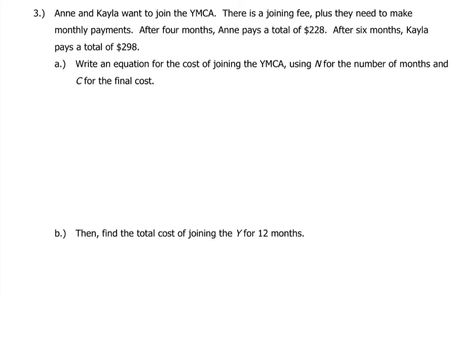In order to find the slope, we're going to use information from past sections where we made coordinate points. In the first coordinate point, we're going to talk about Anne. Anne went for 4 months and paid $228. And then Kayla went for 6 months and paid $298.